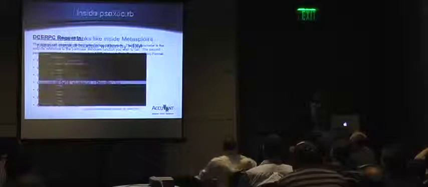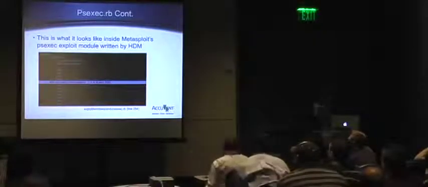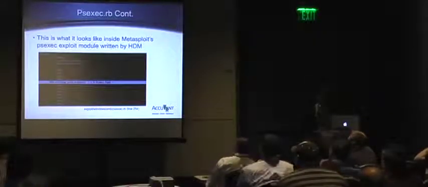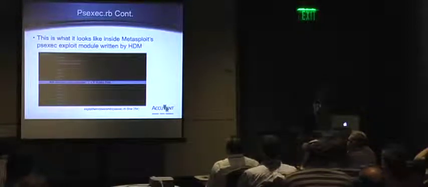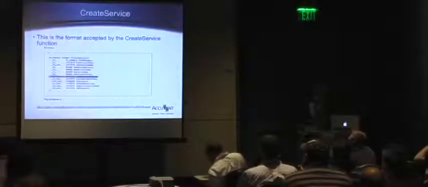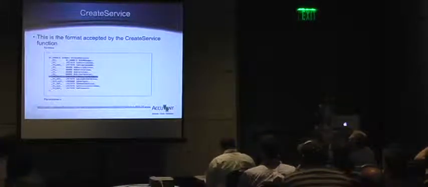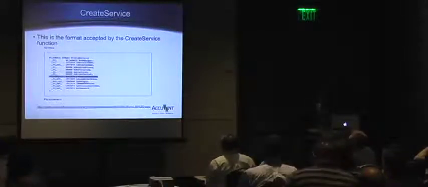The only difference is if we look at the code on line 254, we can see this variable file location. And HD Moore, who wrote the module, put a nice comment in there for us. This is a binary path. So if we cross-reference that with the Microsoft definition of the create service function, we can correlate that with the variable lpBinaryPathName. And we can see that that file path is being passed to that variable.